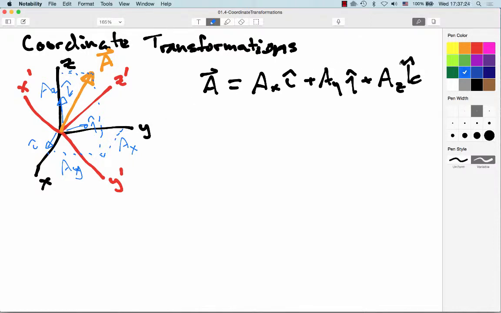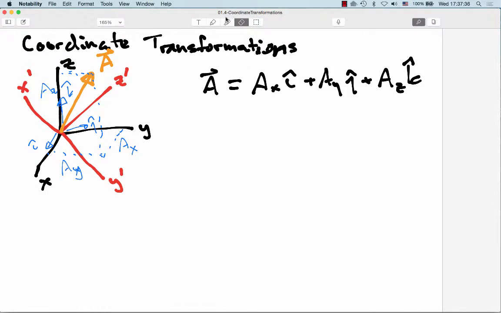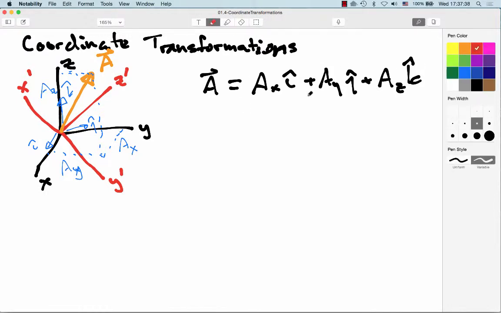Okay, now if I wanted to express this in the primed system, I wouldn't do anything any different. Except I would be writing it as A, and then I would be taking the x prime component, and we would have a different unit vector in the primed system.